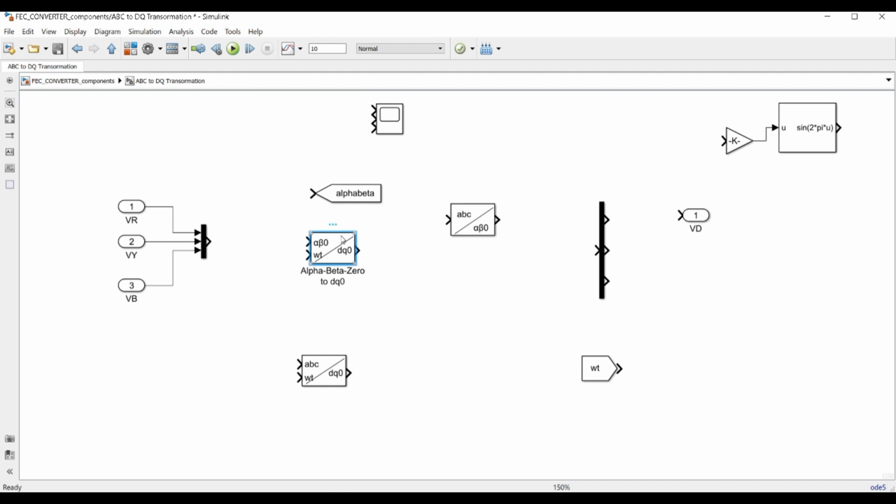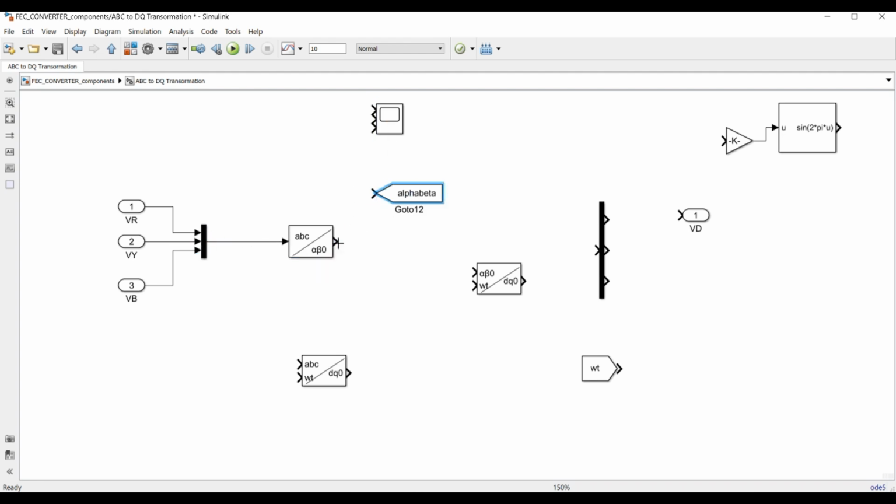Now I will be going this one to ABC to alpha beta. We will be taking a Demux over here. So V alpha will be coming over here, V beta will be coming over here.